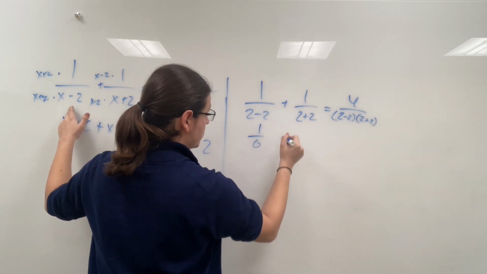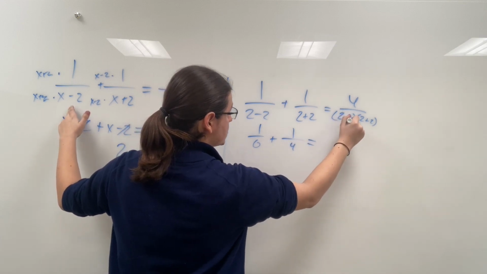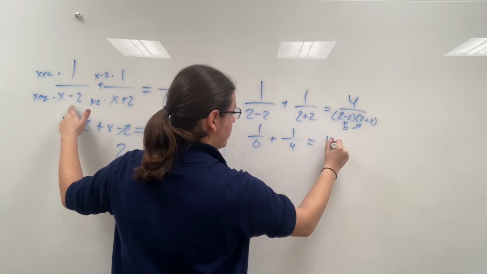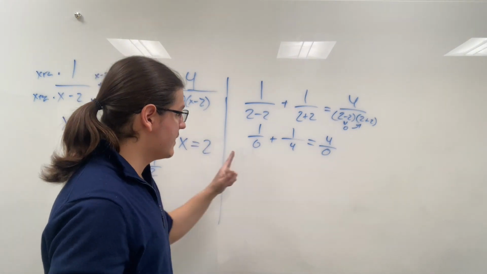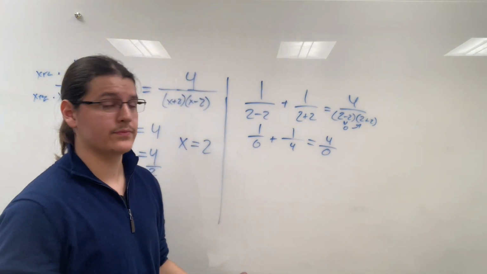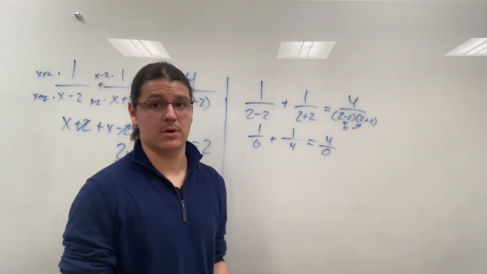So 1 over 0 plus 1 over 4 is equal to, well, this right here is 0, so this would also be 4 over 0. Now, this is why we consider it an extraneous solution, because you cannot divide by 0.